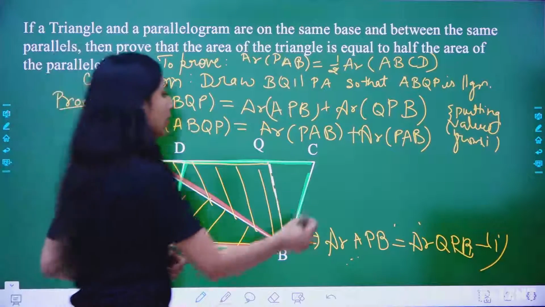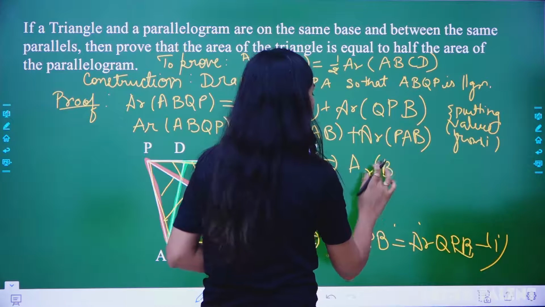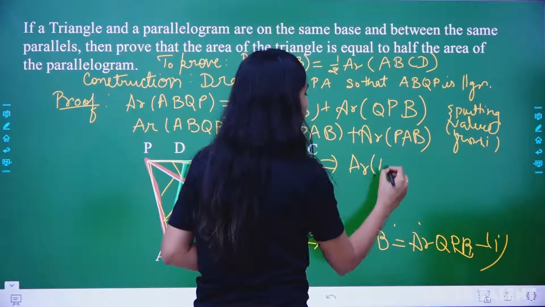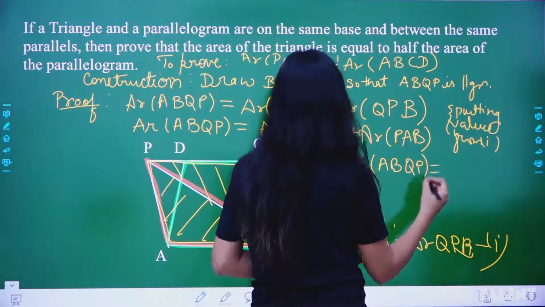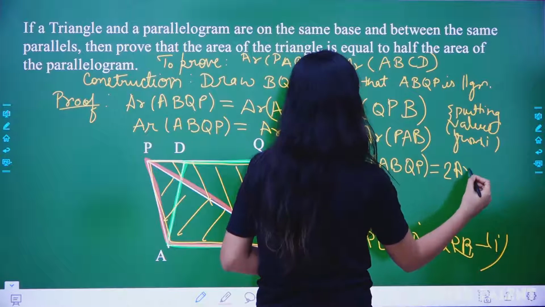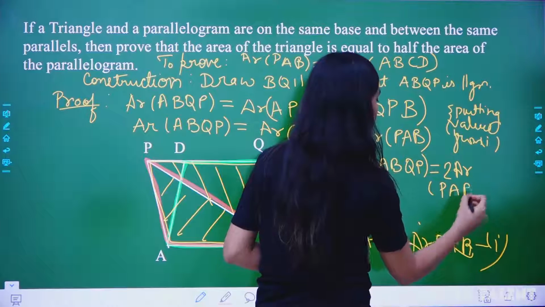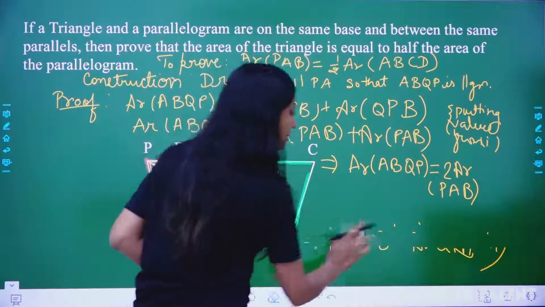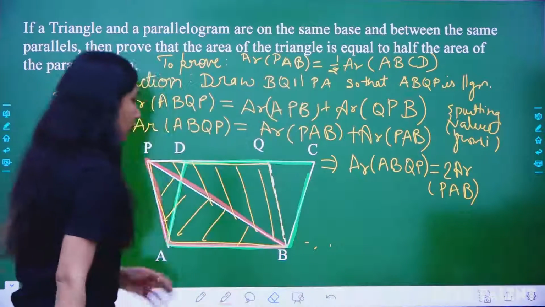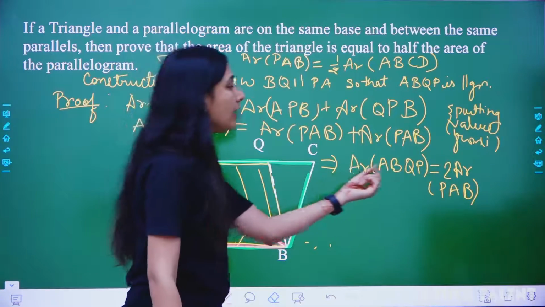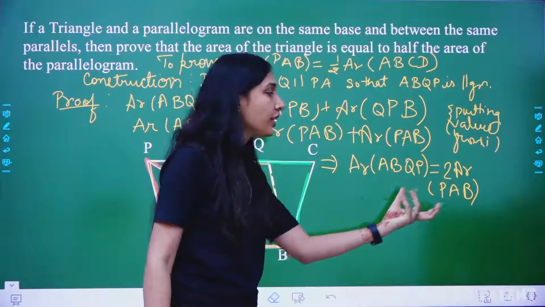So by this we can say that area ABQP is equal to area PAB plus area PAB. So we have derived that area ABQP is equal to 2 area PAB.